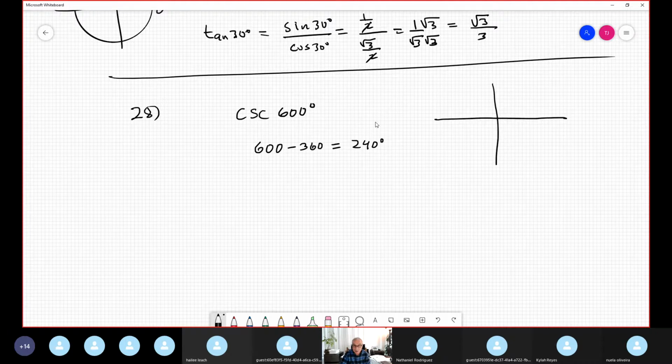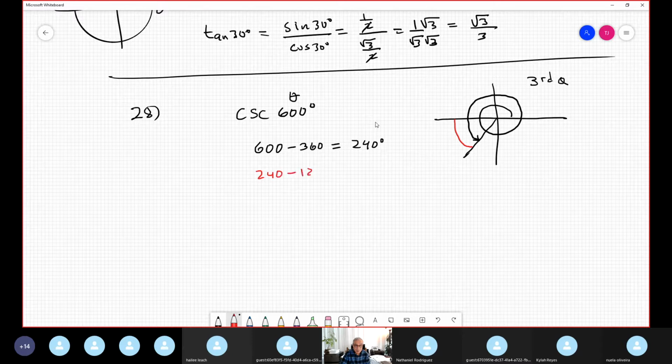So 600 degrees is 1 revolution, continue, and stop in the third quadrant. This is my angle, the representation of the original theta angle. What is the reference angle? The reference angle is this angle. The reference angle is 240 minus 180, which is 60.